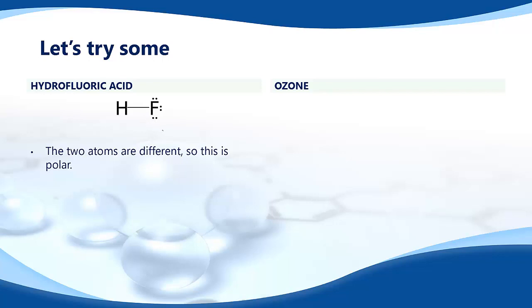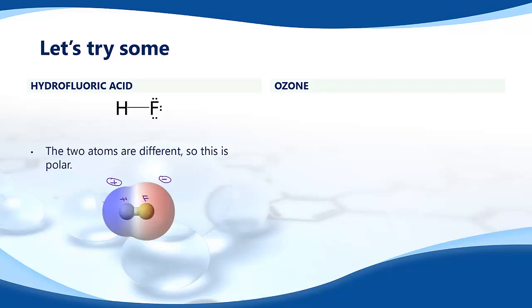The diagram I'm going to bring up is what's called an electron density diagram. This shows the charge distribution of the molecule. This blue part means that this is positively charged. The red part is negatively charged. So our hydrogen and our fluorine.